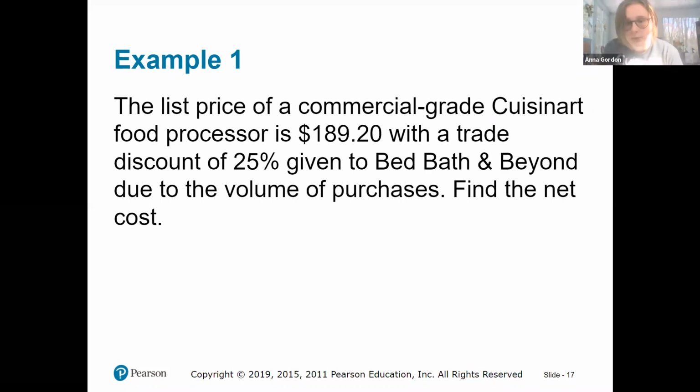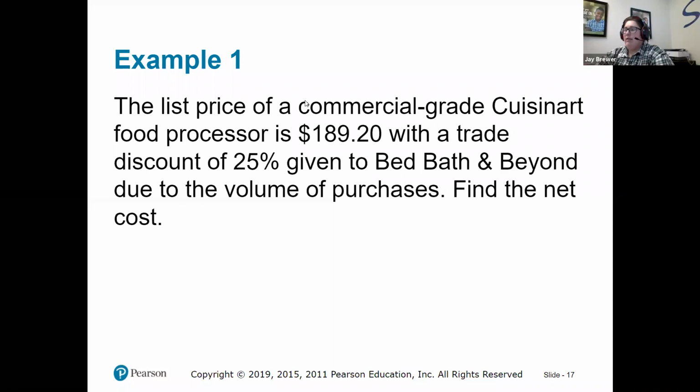Subtract 25% from 189.20. Very close. So the first thing I want you guys to do is find 25% of the 189.20. So that's going to be step 1. And then, yes, Anna, we're going to make that subtraction.